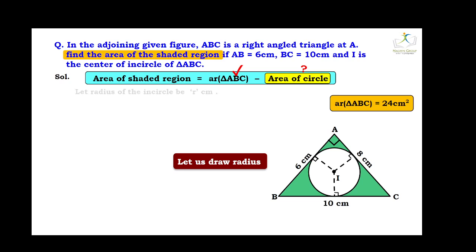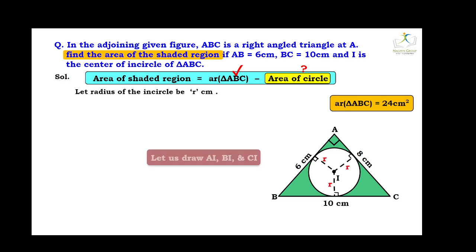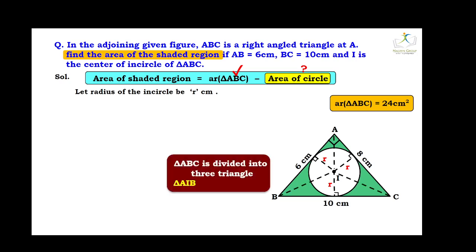So that is a very important result. By the way, if you draw like that, we have so many isosceles triangles, correct? And one more thing, the lengths of tangents are always equal. With that concept we are going to find the radius. So now the triangle is divided into three parts. ABC is divided into three triangles.